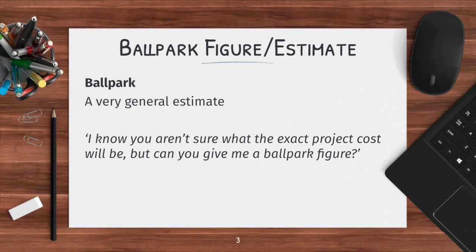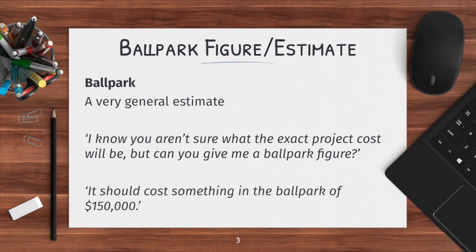Give me a ballpark figure is like, tell me the general estimate. It should cost something in the ballpark of $150,000. So if you're asking, you can say, give me a ballpark figure. If you're actually giving the number, you can say in the ballpark of, which means this is just a very general guess.